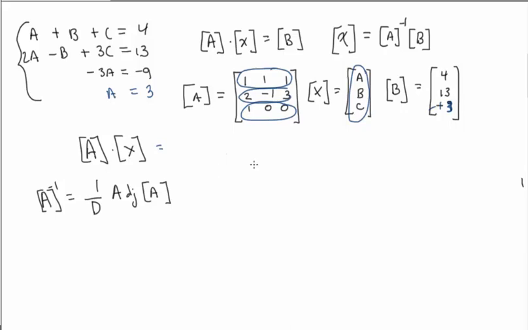So first we need the A transpose matrix. So what is the A transpose matrix? Well, we're going to take this matrix here, A, we're going to transpose it. So that means the first row becomes the first column, so 1, 1, 1. Second row becomes the second column, 2, -1, 3. And the last one is the last one.